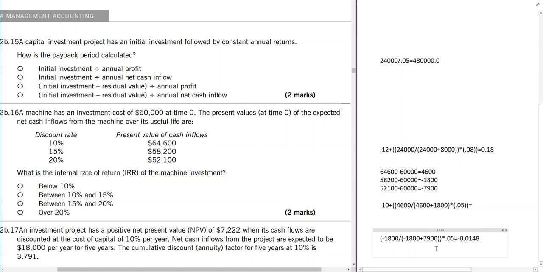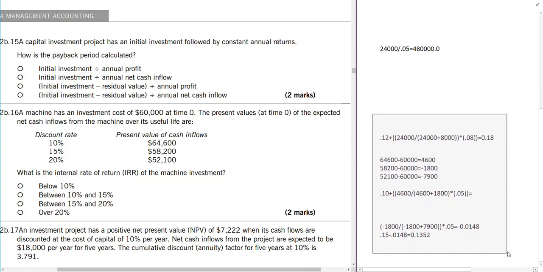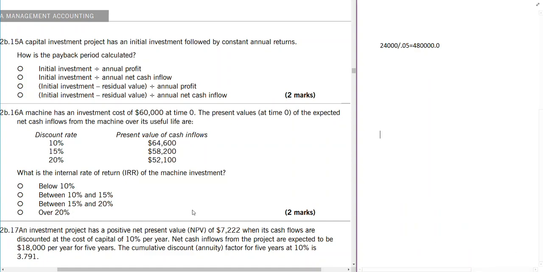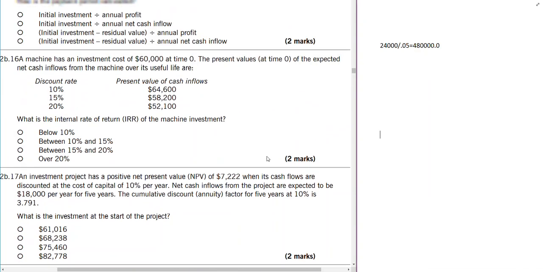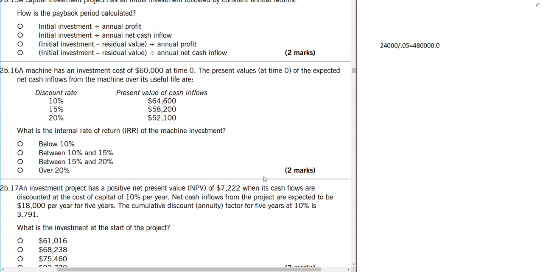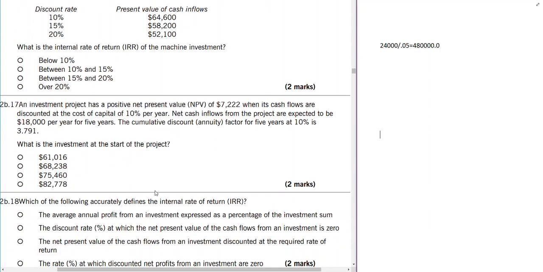So minus 0.0148. So lower percentage is 15 minus 0.0148, and it gives us the same answer as the previous one. So the way you put figures in the formula depends on whether the calculations given are positive or negative, whether both of them are positive, whether both of them are negative, or whether one is positive or one is negative.